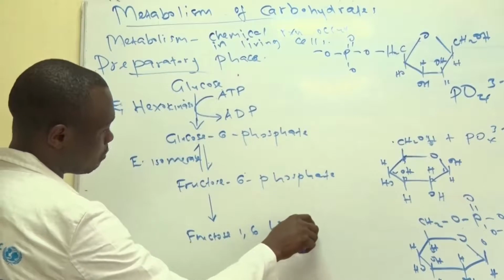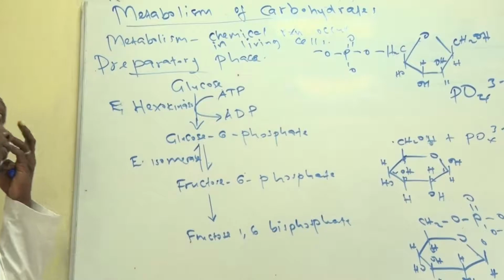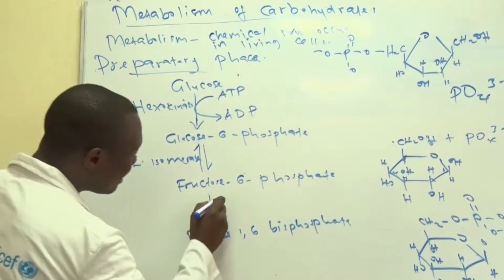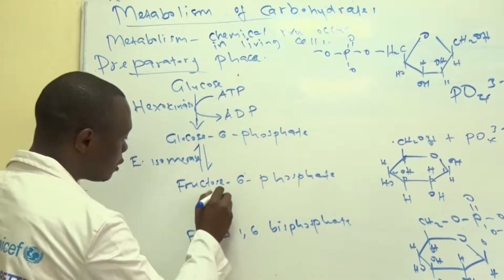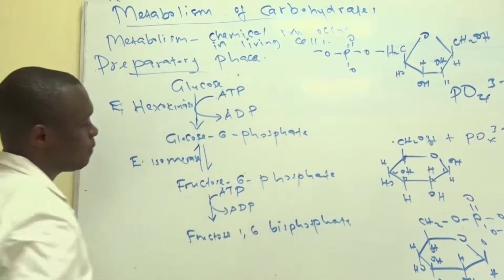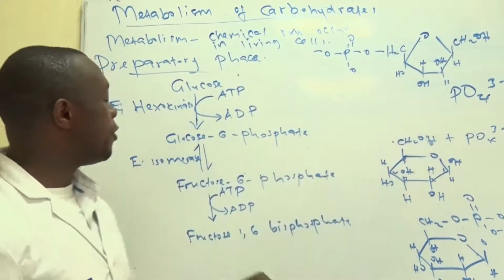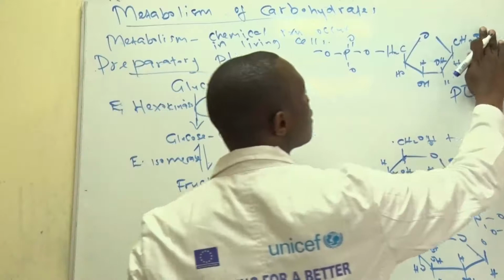We call it bisphosphate or biphosphate, meaning we are going to add another phosphate molecule. That is, we add ATP there, ADP, to form it. So in this particular molecule, we are going to add another phosphate.